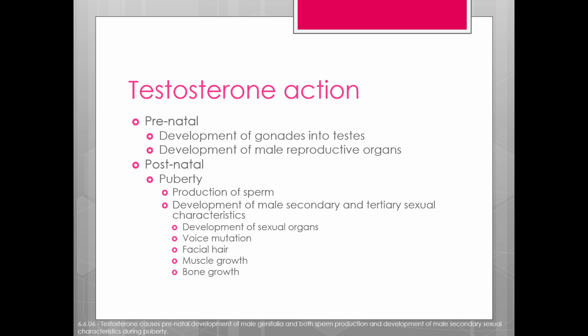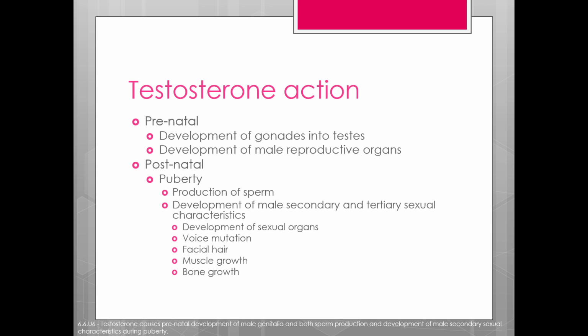At this moment, testosterone levels will increase dramatically, and it will trigger sperm cell production and also development of so-called secondary and tertiary sexual characteristics. Secondary sexual characteristics is proper development of sexual organs related to puberty.